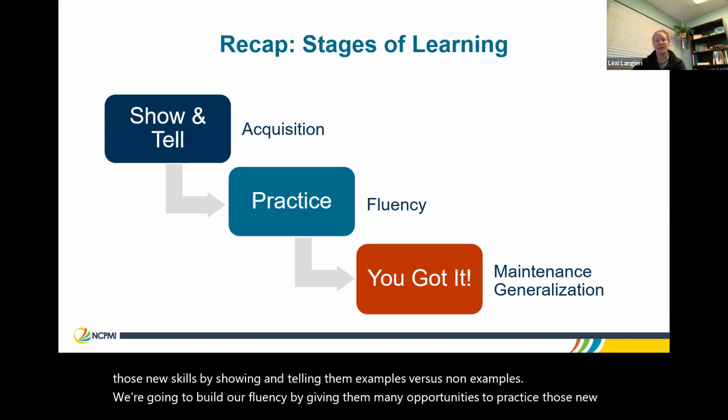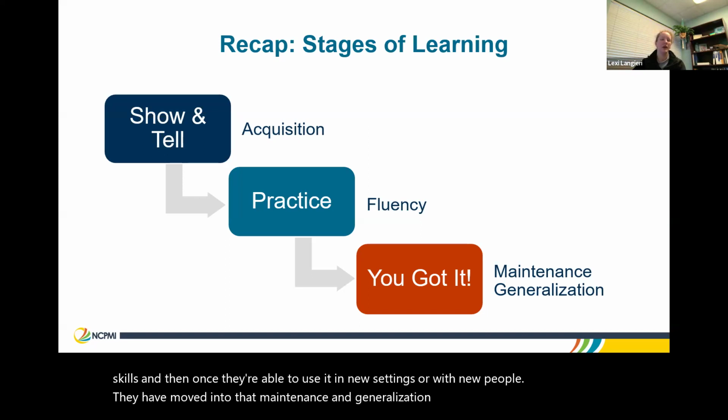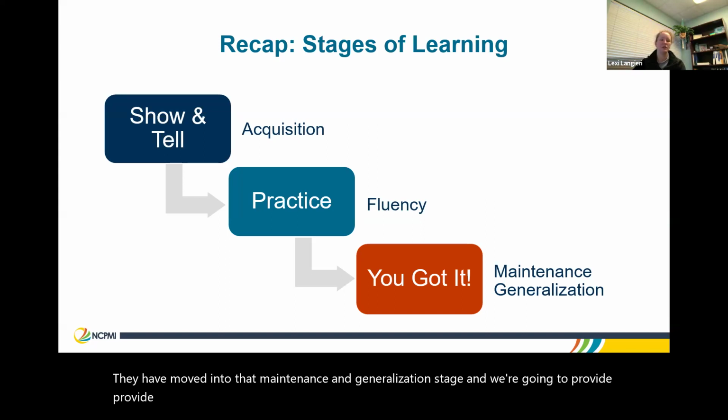And then once they're able to use it in new settings or with new people, they have moved into that maintenance and generalization stage. And for that, we're going to provide them opportunities to continue to use those new skills in different situations or different places. So that is going to wrap up our session for today.